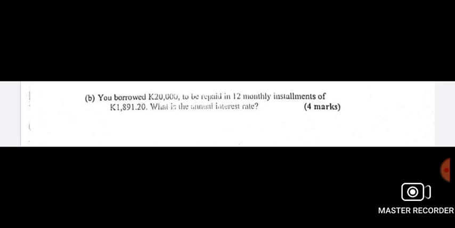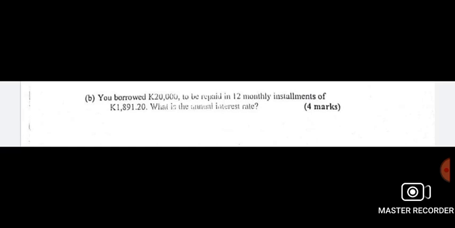So if you look at this information, what have you been given? You've been given the amount you've borrowed, 20,000. Is it in the present or in the future? This 20,000 is actually in the present because you have just borrowed. So this is the present value amount. Then what else have they told you?